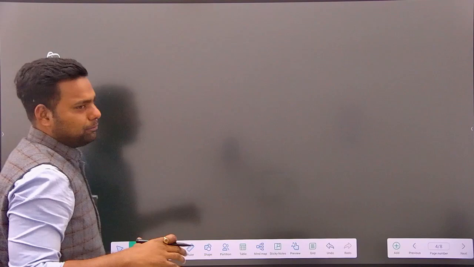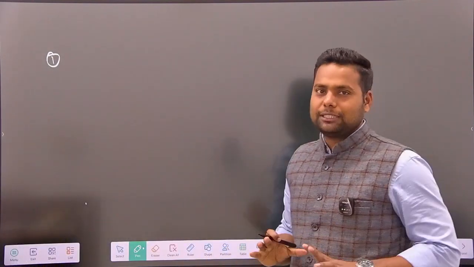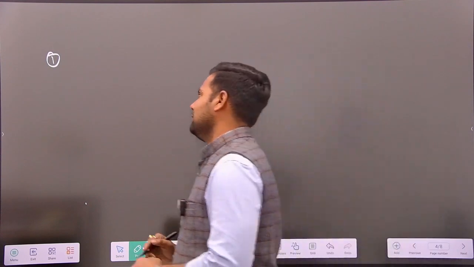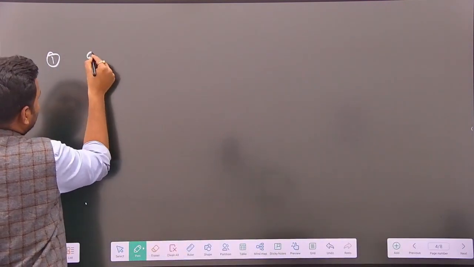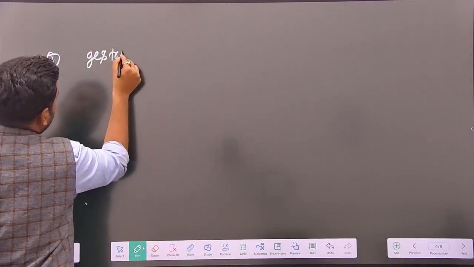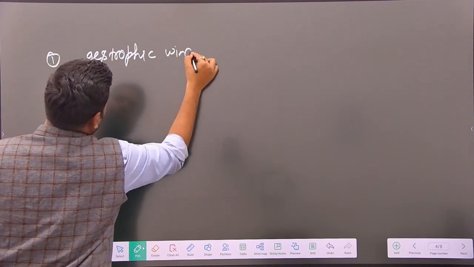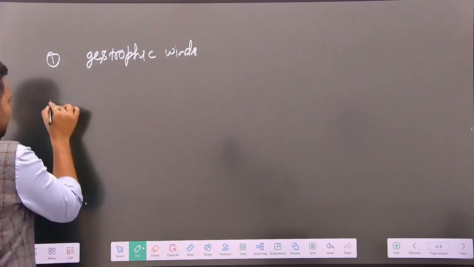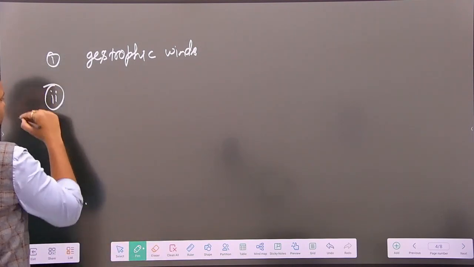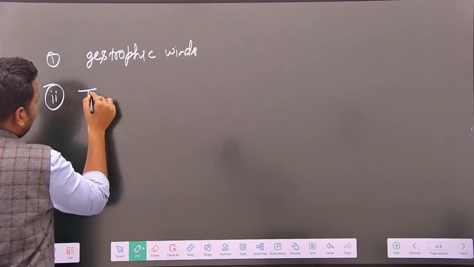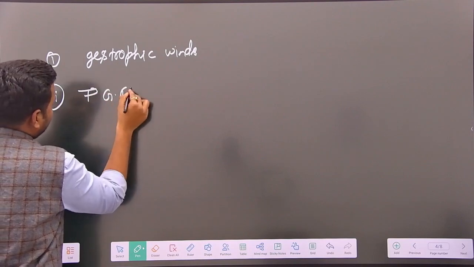Before we start the jet stream, we need to understand some basic concepts first, and then we start. The first concept is geostrophic wind. The second concept is PGF.